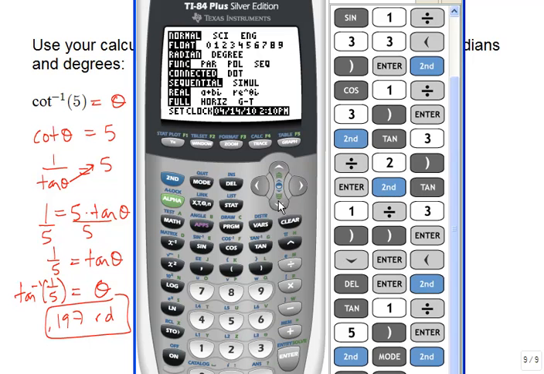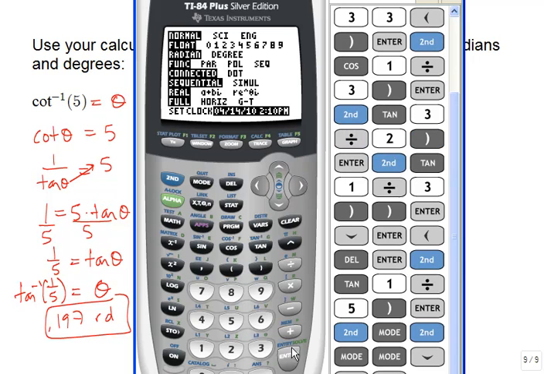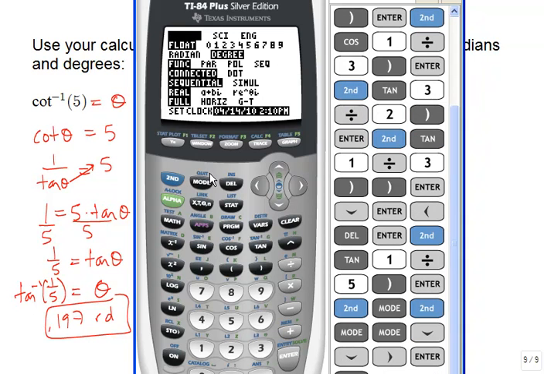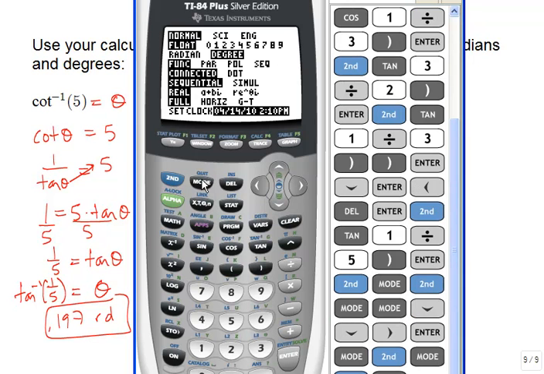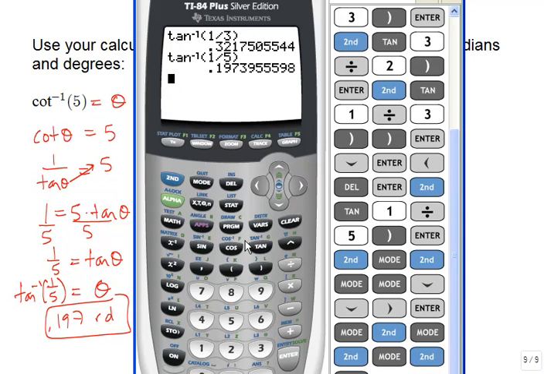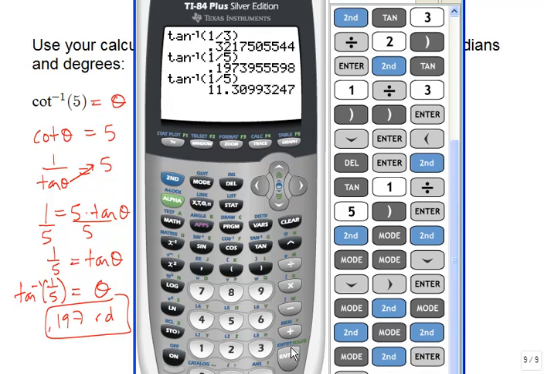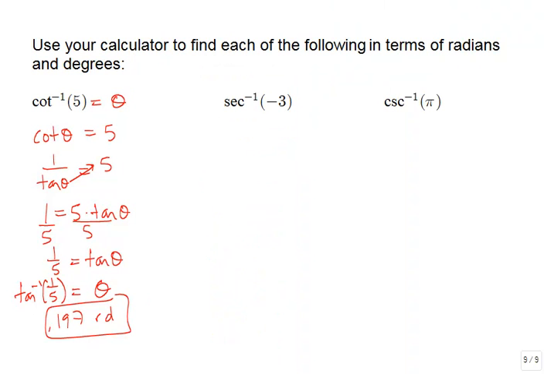If I change this to degrees, so if I just re-enter that command again and hit enter, now this is giving it to me in degrees. So 11.3 degrees. Okay, so those would be your 2 choices for your angles.